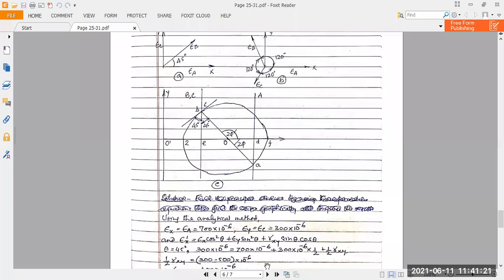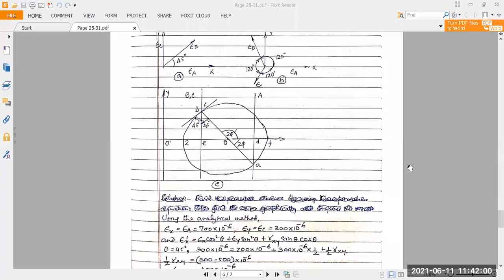The phenomenon of this strain analysis is that, say, a straight line over a surface of a body of length PQ, after deformation, takes the position P dash Q dash. For our convenience we assume the initial point P of this vector is not shifted, it remains P, and the final point is shifted, so there is an internal angle between them equal to theta.